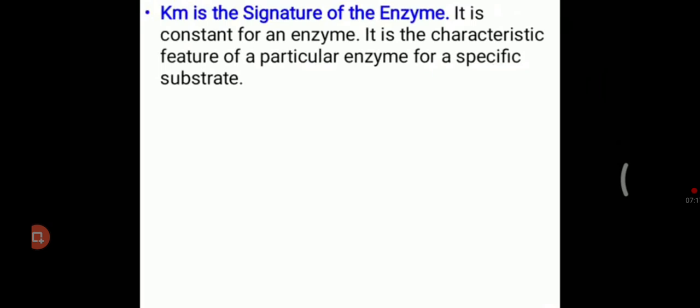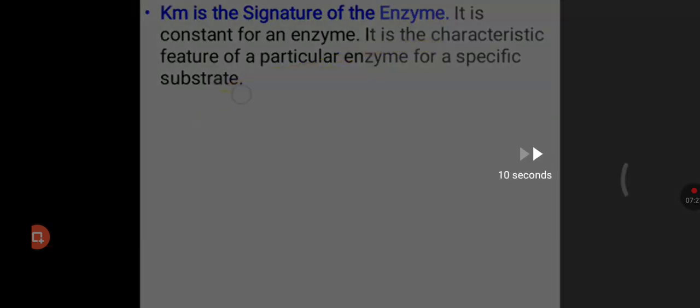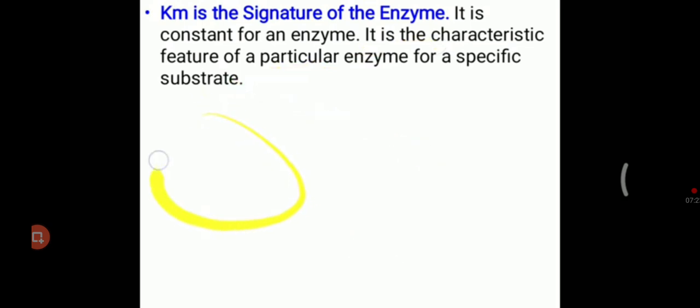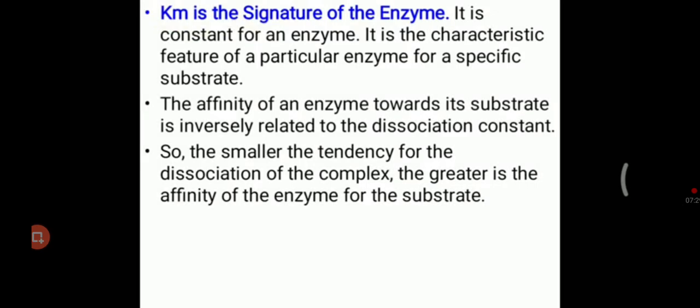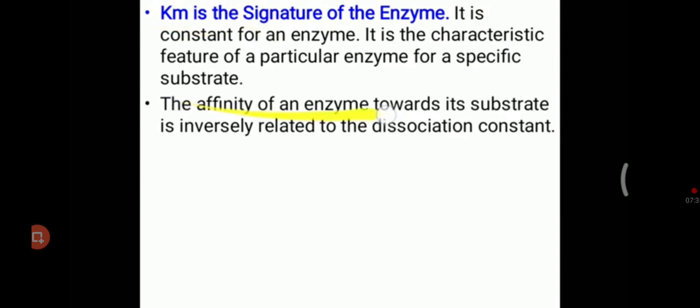Km is also called the signature of the enzyme. For example, hexokinase has a fixed Km value for glucose, a specific value for a particular substrate. The affinity of the enzyme towards the substrate is inversely related to the dissociation constant.